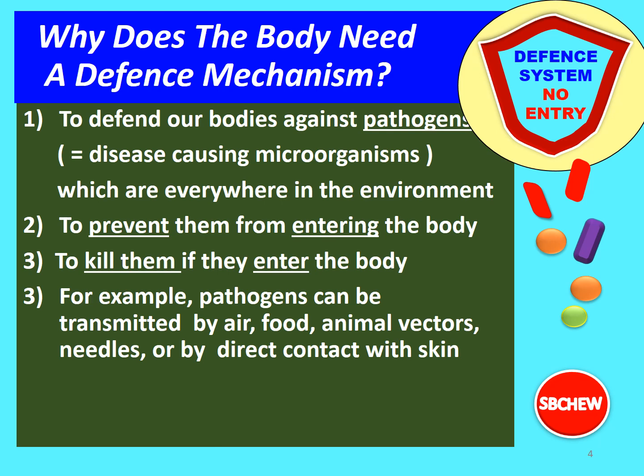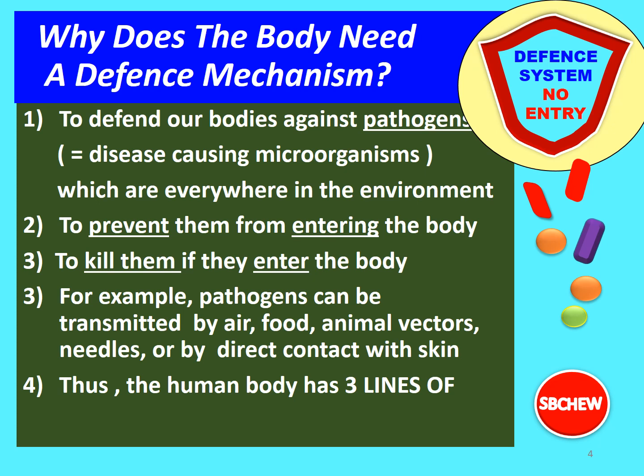For example, pathogens can be transmitted by air, food, animal vectors, needles, or by direct contact with the skin. Thus, the human body has 3 lines of defense against pathogens to give us the best defense against them and prevent them from entering the body.